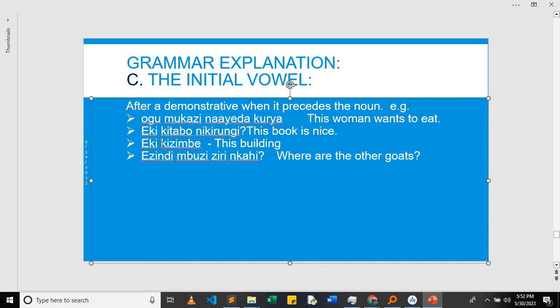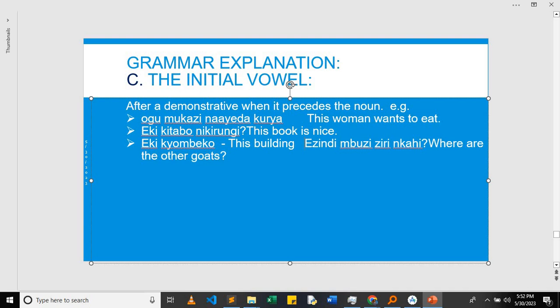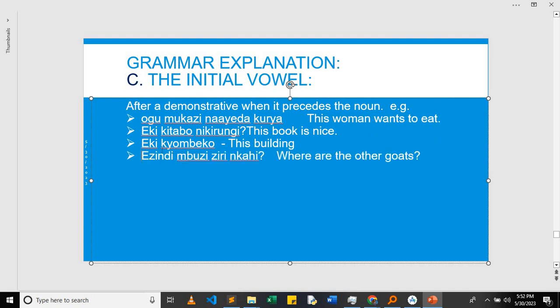Ekizimbe, so kizimbe, that's a building. Ekyombeko, this building. Because for us buildings we call them ebyombeko. And okwombeka means to build. So if I say ekyombeko, I mean this building.